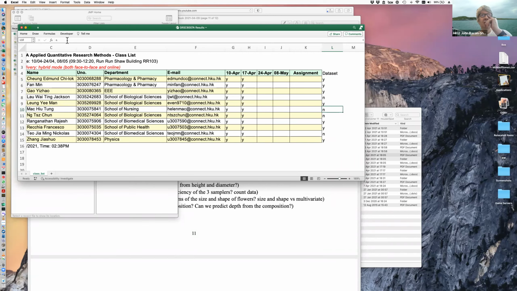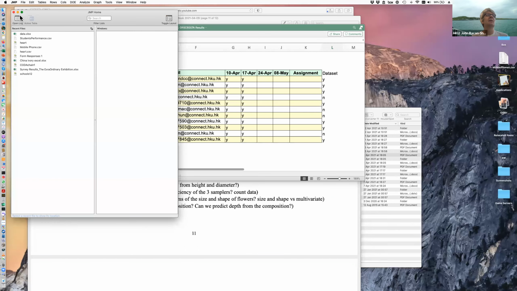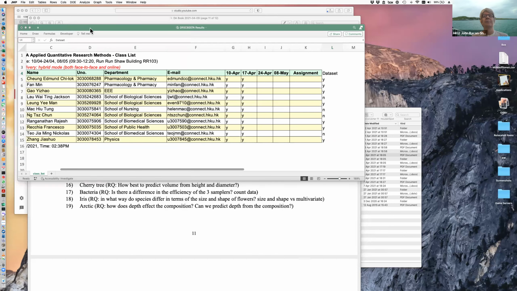This is showing you on the screen who I haven't yet had. If you haven't yet at least started the conversation with me about your data set, you need to do that in the break today so that I'm sure that you are indeed on the right pathway, okay? So for all the ones I haven't yet agreed, we need to at least have a chat at the break.